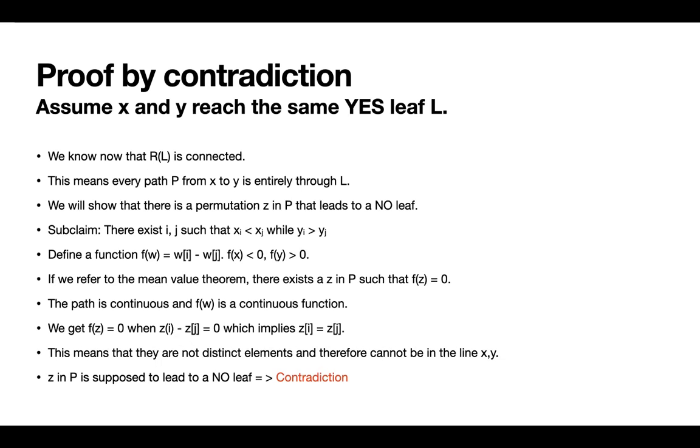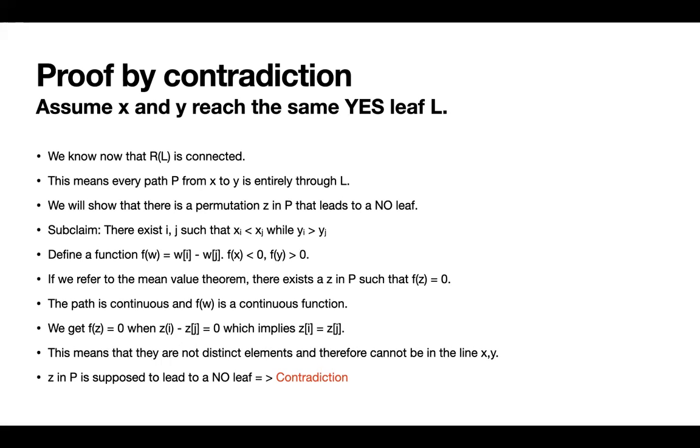So we're going to try to show that there's a permutation Z in P that leads to a no leaf. The subclaim, which we're going to try and prove later, but for now we're just going to take as a matter of fact, is there exists i and j such that xi is less than xj, while yi is greater than yj.